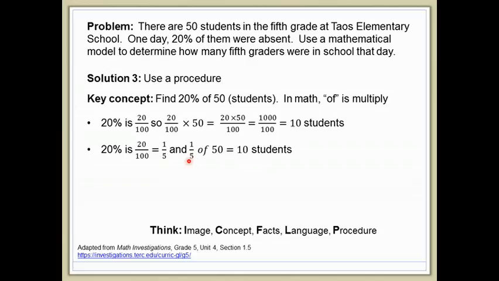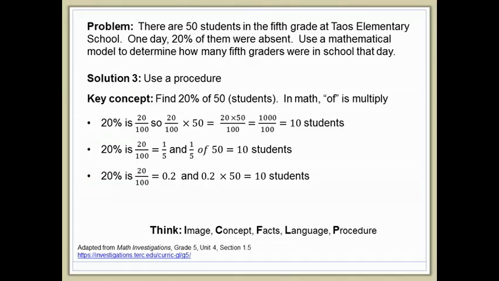And in that case, we can think of 1/5 of 50, not even working with a multiply, but rather thinking of it as a divide. 50 divided into 5 pieces or 5 equal parts, and get 10. So it depends on what students are comfortable with. In any case, this method can be a little bit more confusing. It depends on how comfortable they are with fractions.